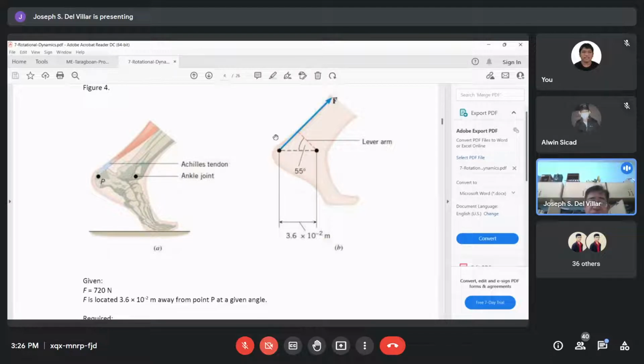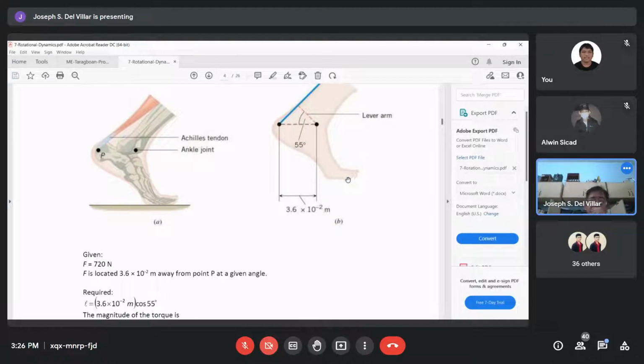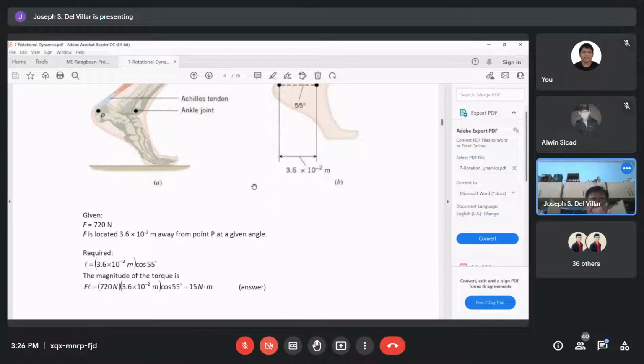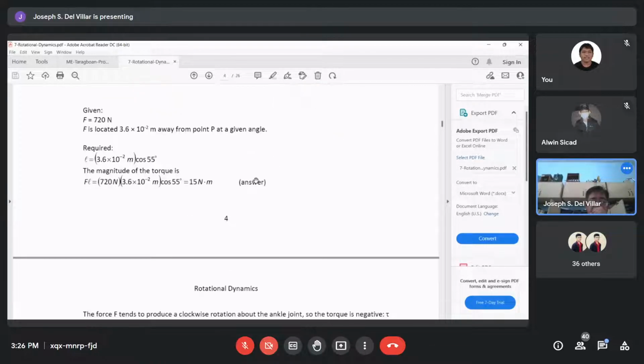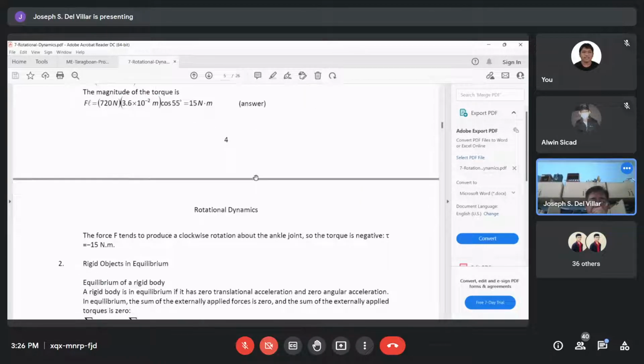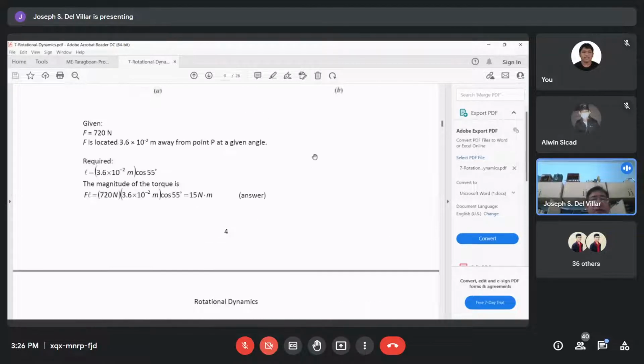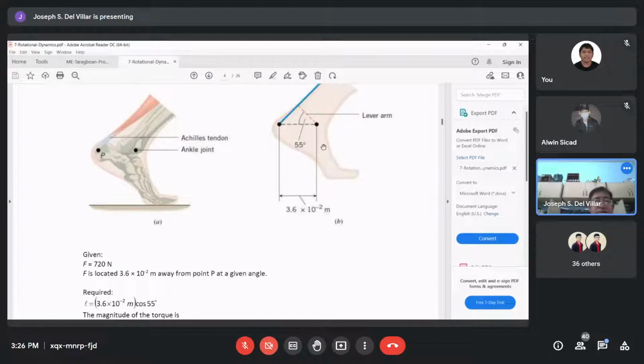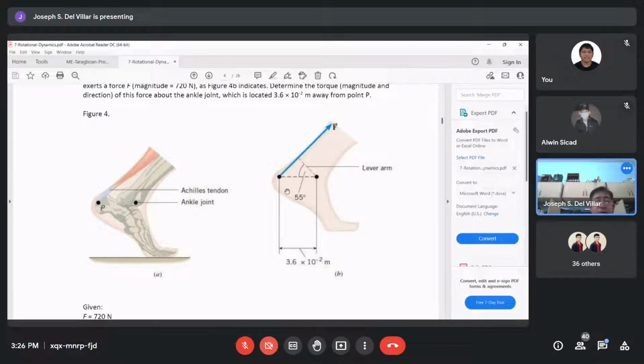Kasi siya yung magkukos ng torque. Okay? Siya yung magkukos ng torque. Okay, any other questions dito? Nakuha nyo na ba yung kung bakit kailangan i-resolve yung force, kung gagamitin nating lever arm yung 3.6?